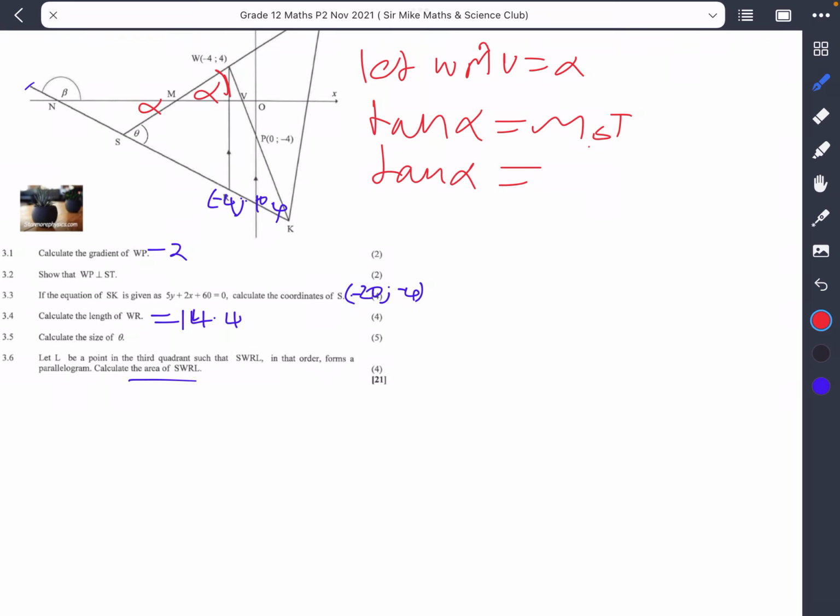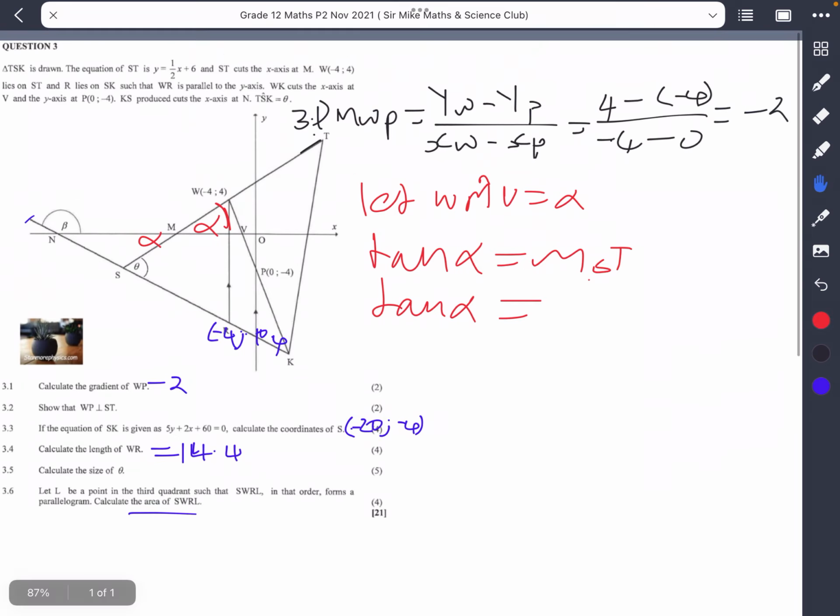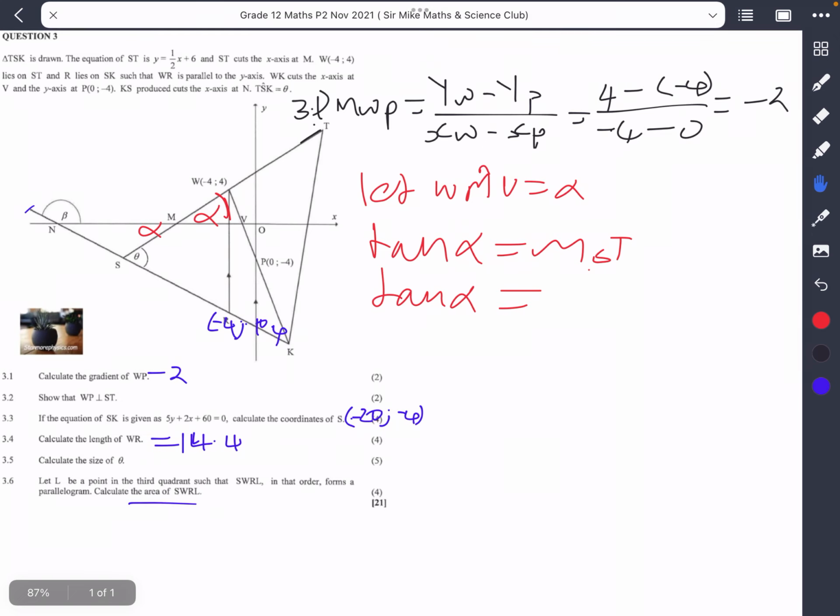They told us in the statement that we have the equation of that line to be y equals a half x plus 6. So that half would be the gradient of that line. So alpha would simply be equal to tan inverse, or arctan, of a half.